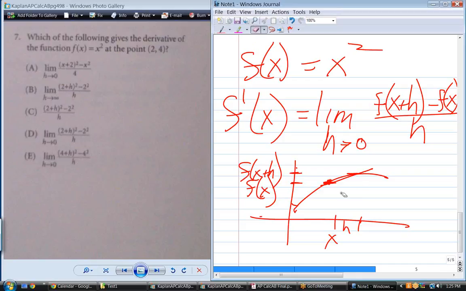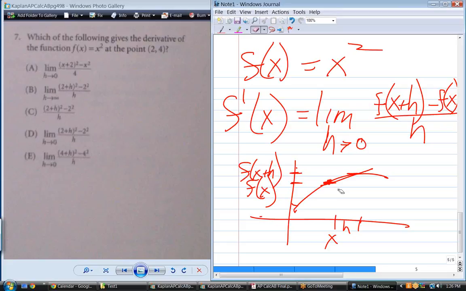Okay. And that's probably the essence of derivative calculus, the slope of the tangent line, which means the same thing as the instantaneous rate of change. And that's what's so critical about calculus, it allows us to calculate instantaneous rates of change, which we can't do with algebra. Algebra is rise over run.